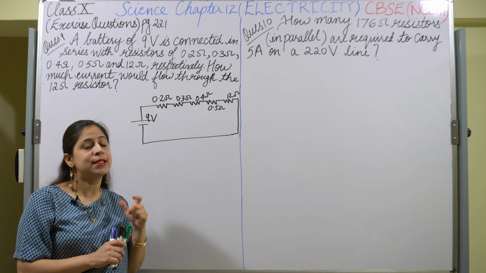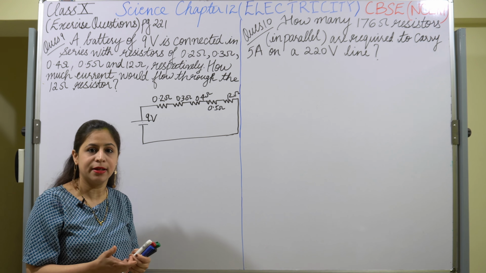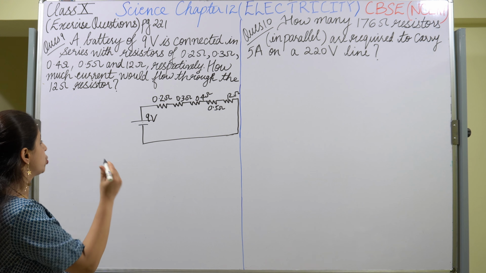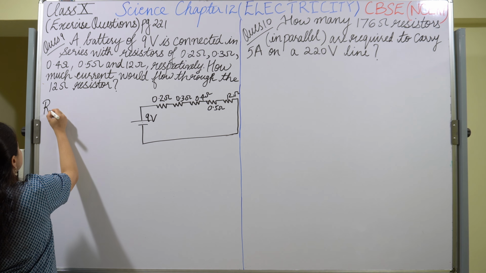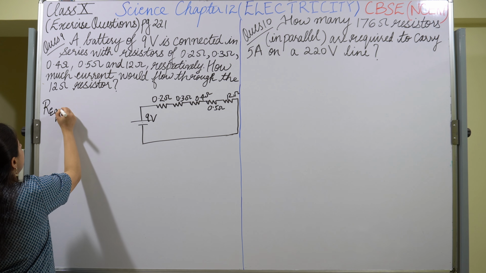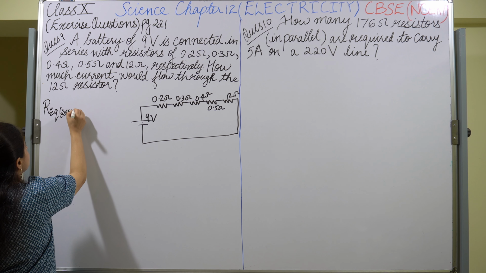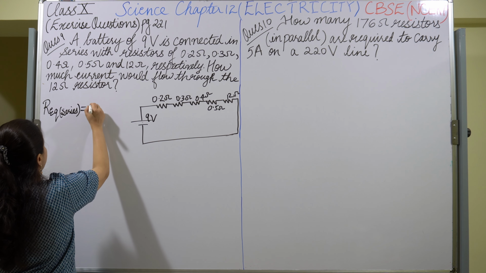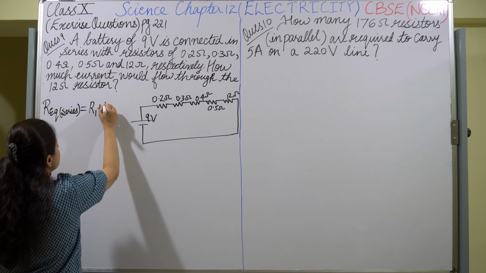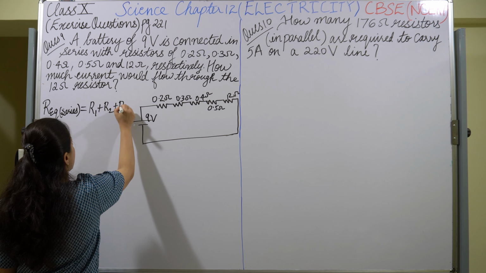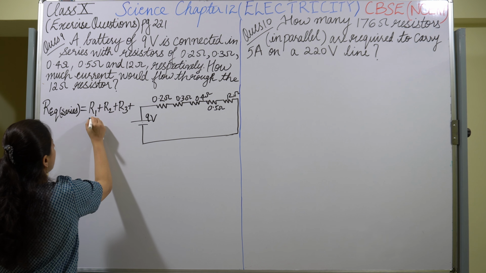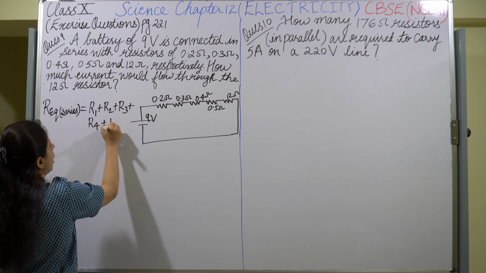In series, the resistances get added up directly. So the equivalent resistance in a series circuit is given by R1 plus R2 plus R3 plus R4 plus R5.